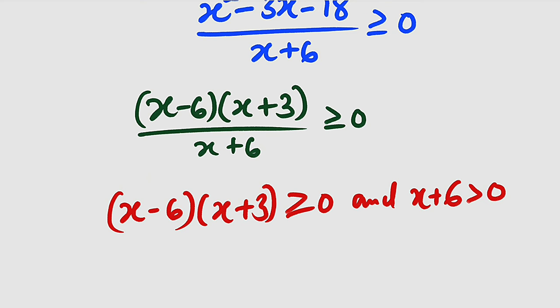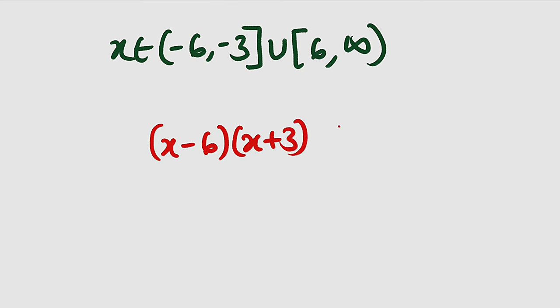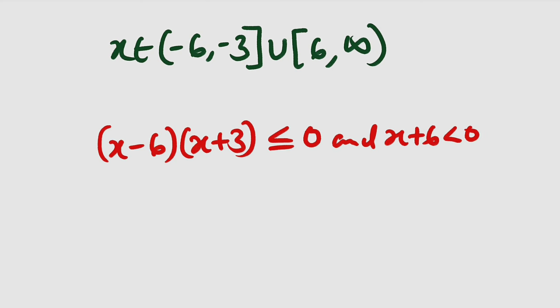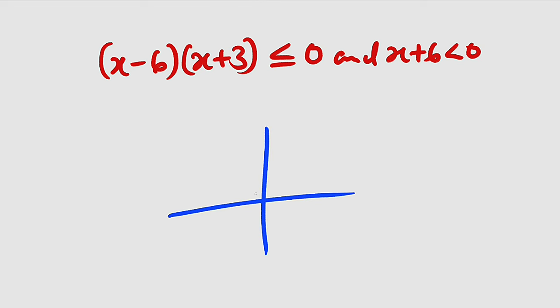We're going to take the second condition where both the top and the bottom are negative. If x minus 6 multiplied by x plus 3 is negative and x plus 6 is also negative, right? Unlike the previous one, you can still draw it if you want to.